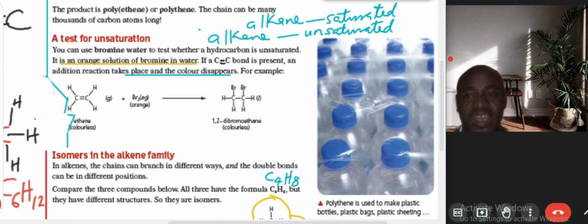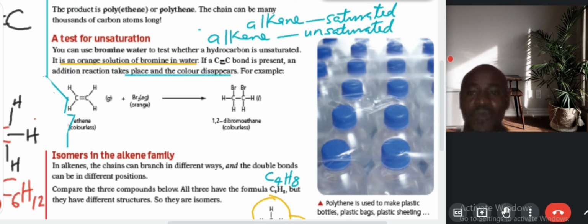An example is ethene, which is an alkene. If this was an alkane, like ethane, and you react it with bromine water, there will be no reaction. So the orange color of the bromine water will not disappear.